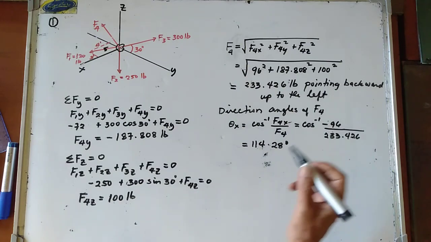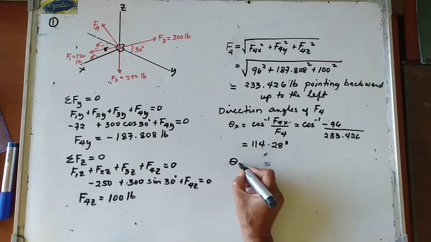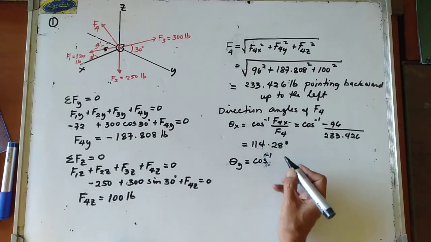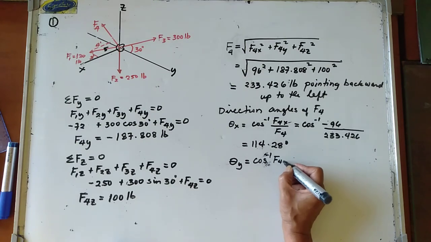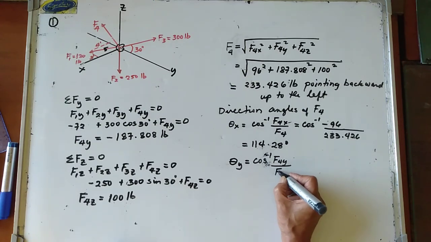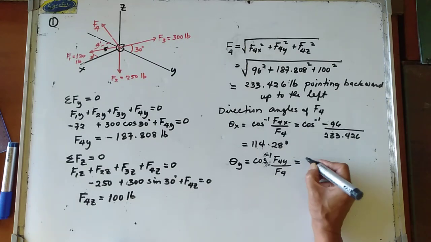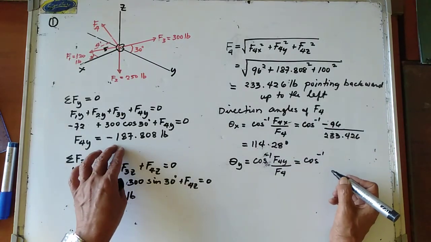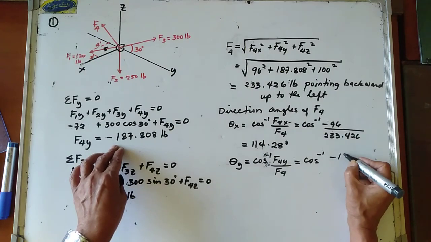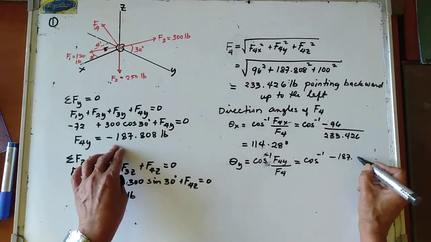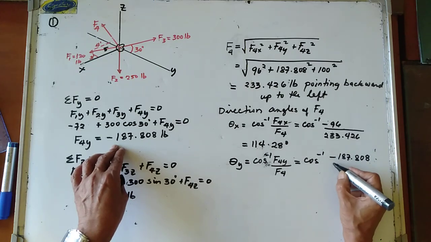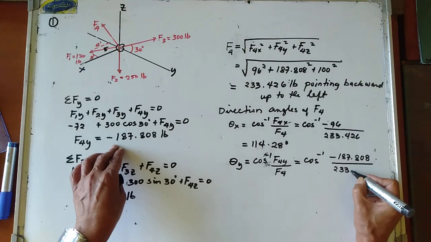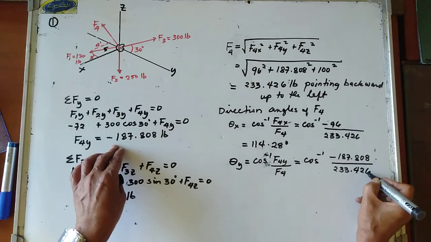x-axis. And then your theta y is equal to the arc cosine of F4y all over F4. So that is the arc cosine of negative 187.808 all over 233.426.